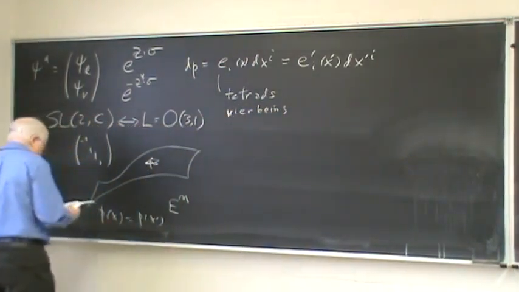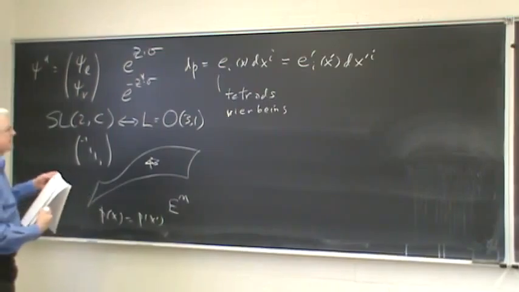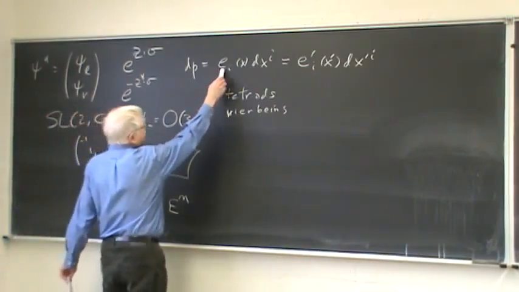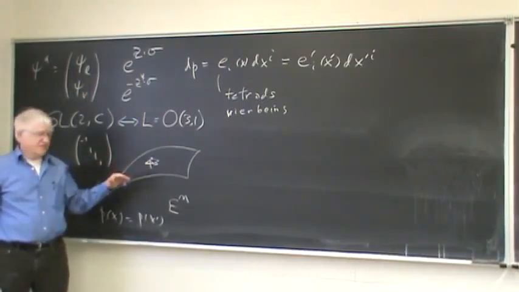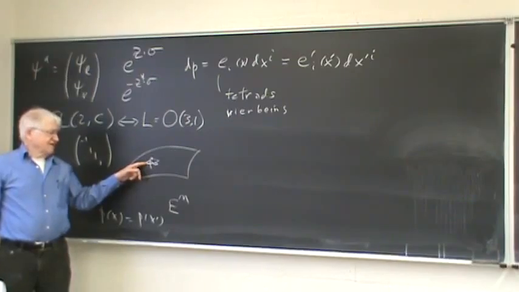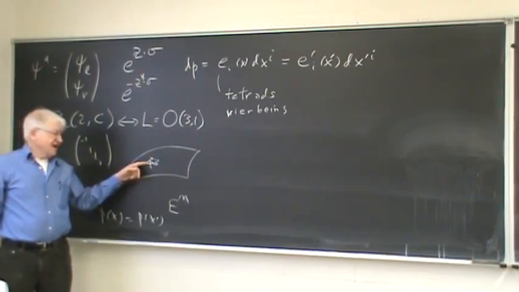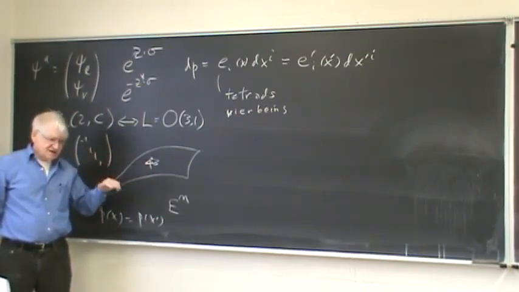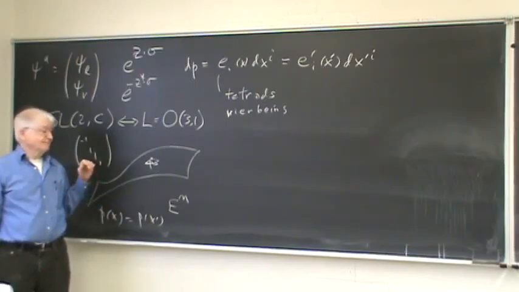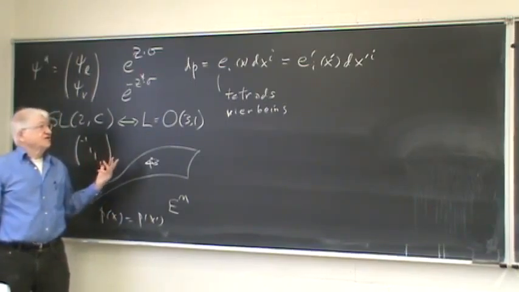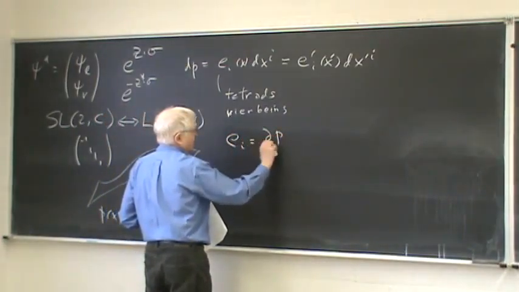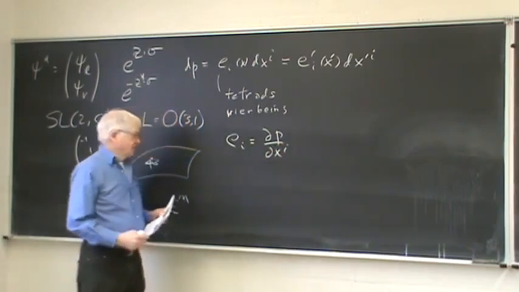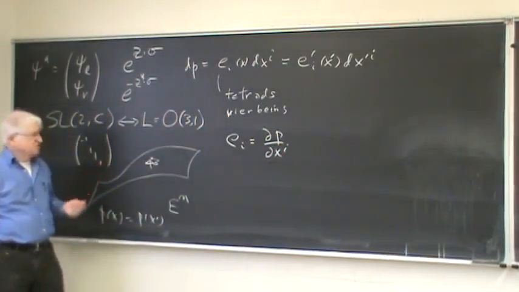So that's the basic idea. Now, these vectors here, if we're just talking about ordinary space-time, the tetrads can be thought of as vectors in, of course, they are vectors in the tangent space. They span the tangent space. And there are only four of them because they are the derivatives of the point with respect to a small change in one of the coordinates.